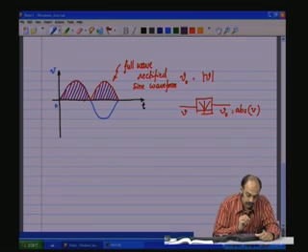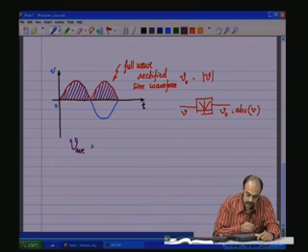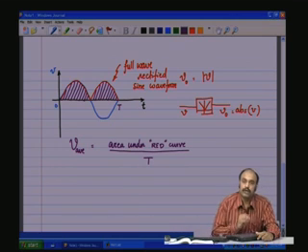So, all are positive, therefore this has an average. So, V average in this case will be the area under the red curve divided by the time base, which is T, and that is what it is here.